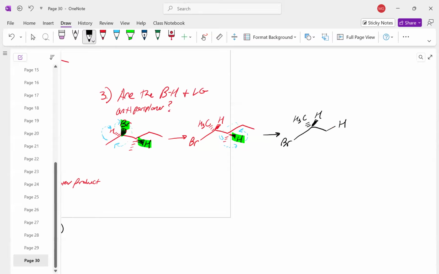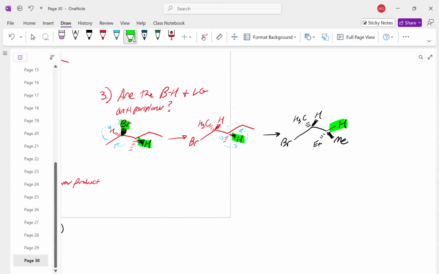So now the hydrogen has a regular bond. The methyl group has the solid wedge now. And then the ethyl group, I'm just going to put Et, just to keep it nice and neat, has the dashed wedge.